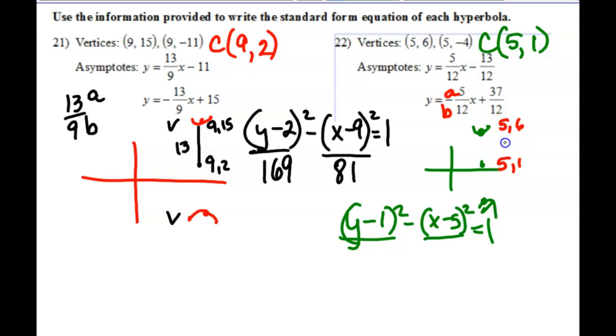Yeah, it is, right? So a is just 5. So what goes under here? 5 squared, and under here? Because a is 5 and b is 12. All right.